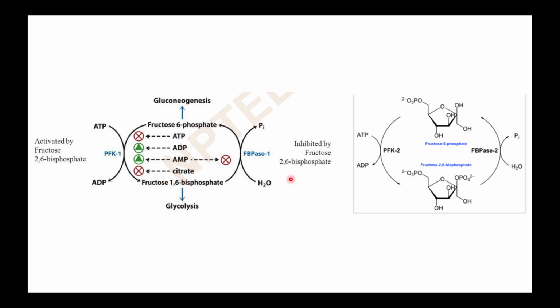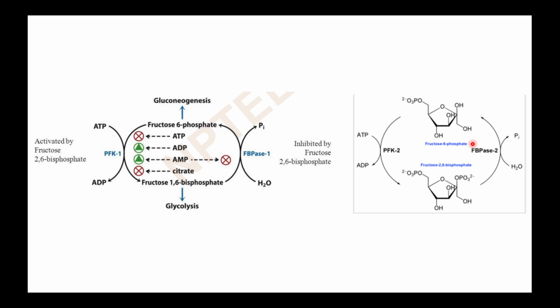So both of them are doing dephosphorylation. One is doing the dephosphorylation of fructose 1,6 bisphosphate. The second one is doing the dephosphorylation of fructose 2,6 bisphosphate. Okay. Now this PFK2 and FBPase2 is a bifunctional enzyme. So it is one enzyme that has both functions, both kinase and phosphatase.